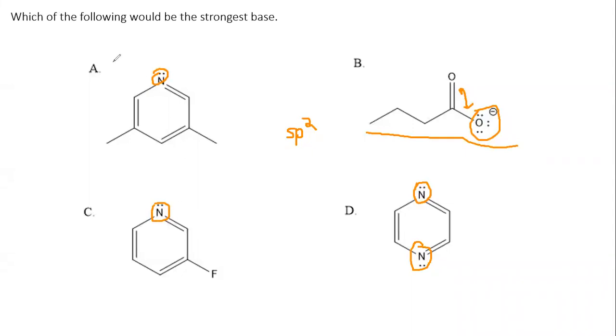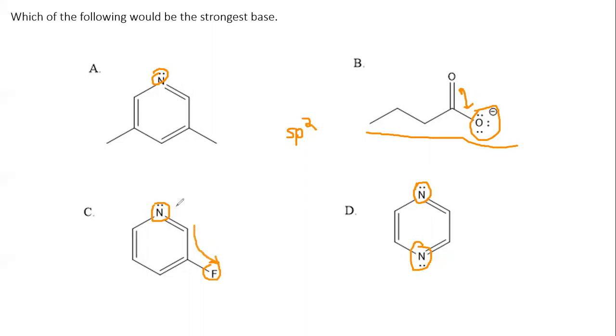Now you see here with A, we have methyl groups. C, we have a fluoro group. And D, we have 2 nitrogens. We need to know which one of these would be the strongest weak base. And so you should probably already know that the one with fluorine would not be the strongest, because remember, fluorine is electron withdrawing.